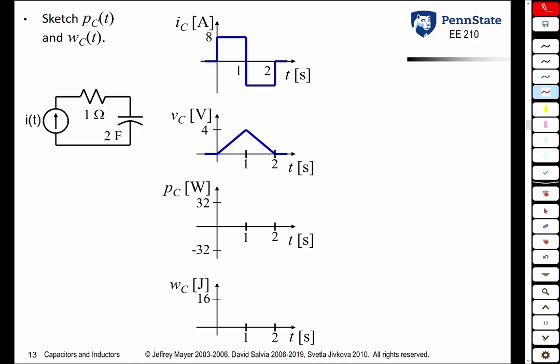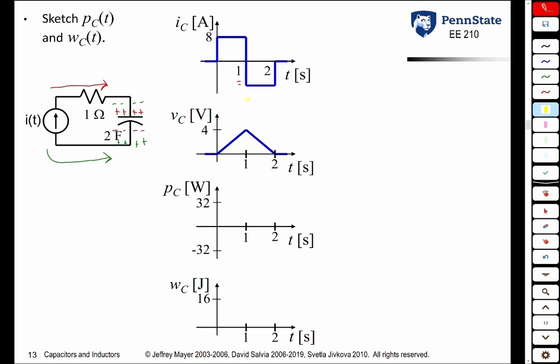Let's assume that the current is a constant 8 amps going in this direction, which is going to cause positive charges to accumulate on that plate and negative charges to accumulate on that plate. Then, after 1 second, we're going to reverse direction. And now we're going to start pumping positive charges onto this plate, which is going to cause negative charges there. So let's first off see what the voltage is going to be.